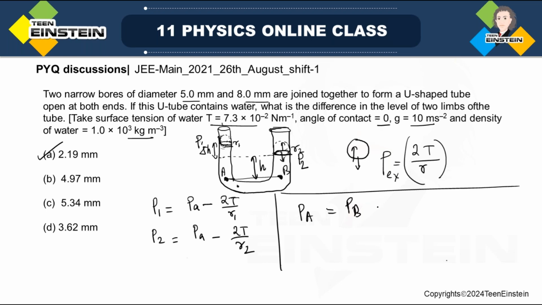So then what is the pressure here? I have taken this height as H. So here I'll get the pressure P1 plus H plus delta H into rho G. What will be the pressure at PB?